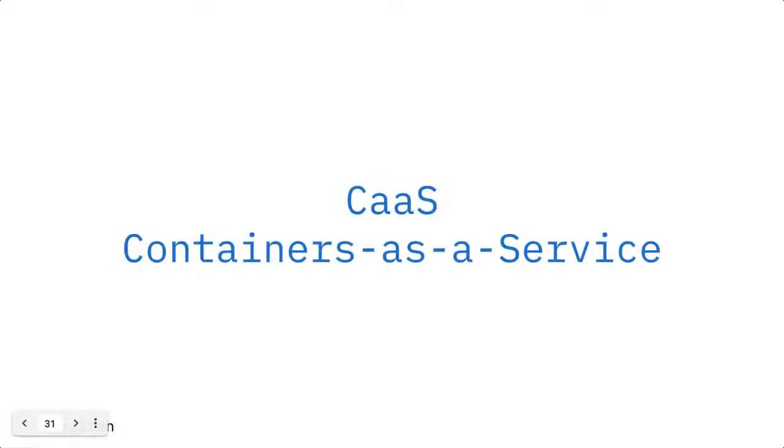We'll look at in just a second our IBM products and offerings for CaaS, which are things like IBM Cloud Paks, and we have IBM Cloud Paks for a number of things that we'll touch on in just a second.